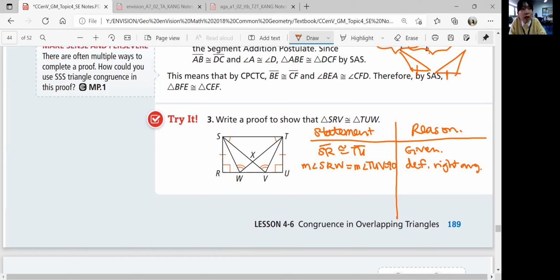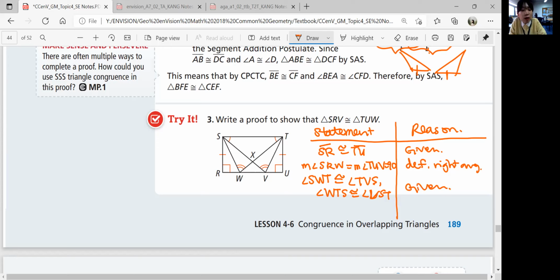We're going to say angle SWT is congruent to angle TVS and angle STW is congruent to, let me write that in another column, VST. These are all given.